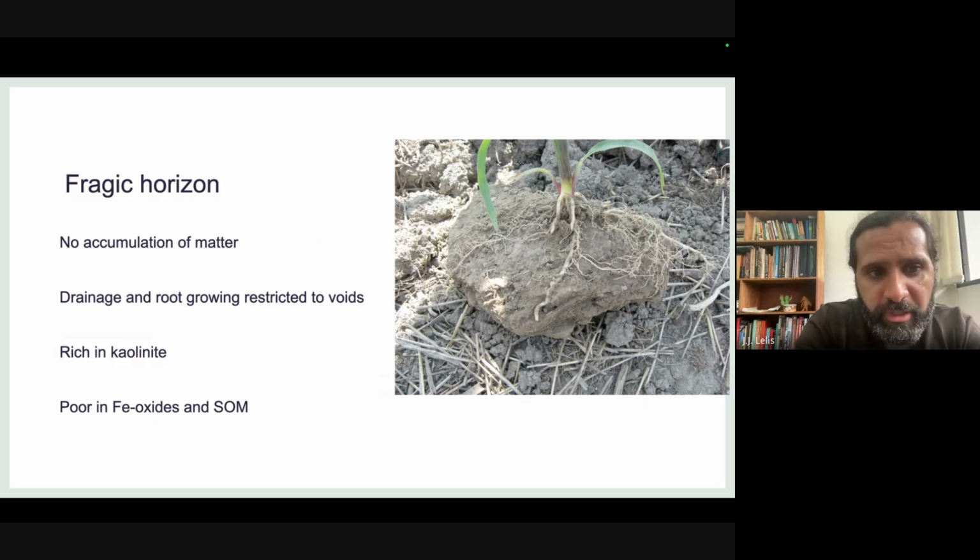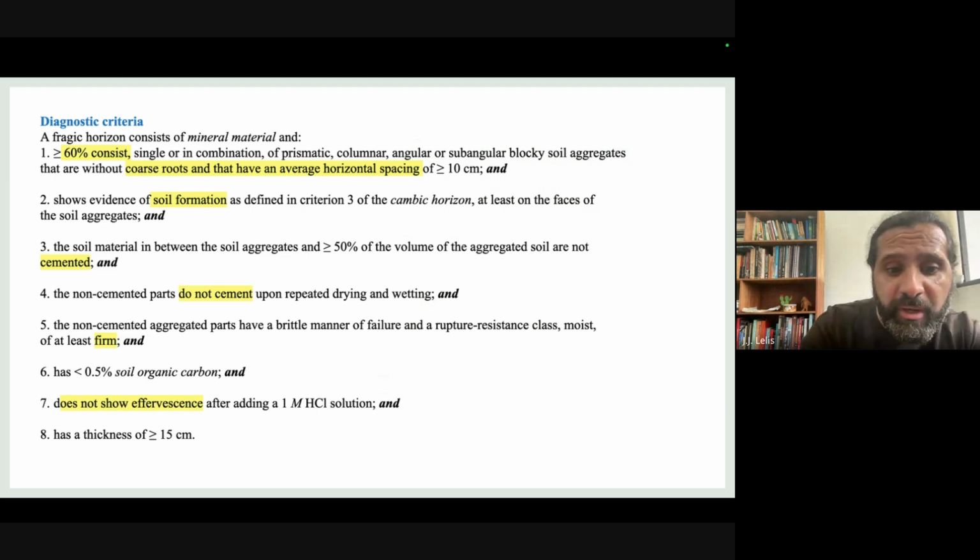So no accumulation of water or of matter. We also have some restriction to drainage and root growing. It is also rich in kaolinite, poor in iron oxides and soil organic matter. So the criteria is different because now we have a less intense adhesion of that horizon.